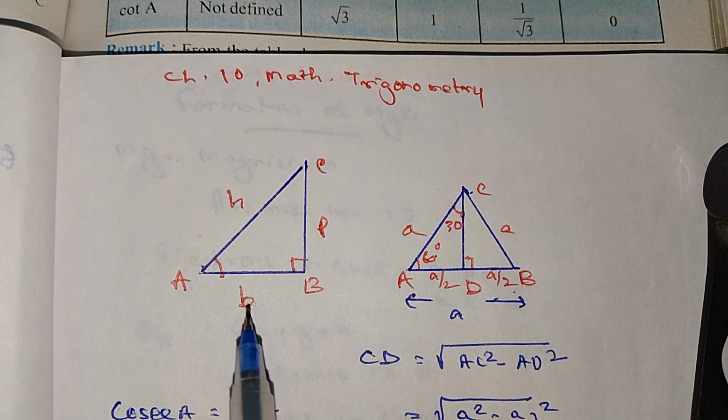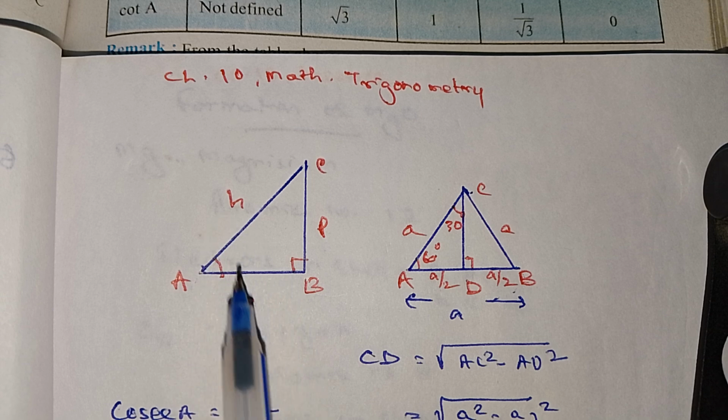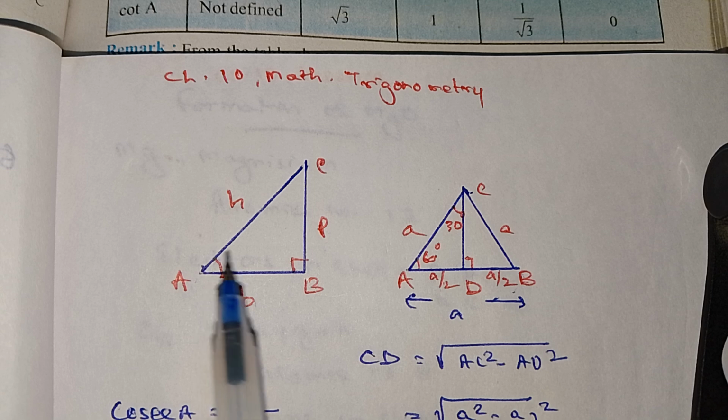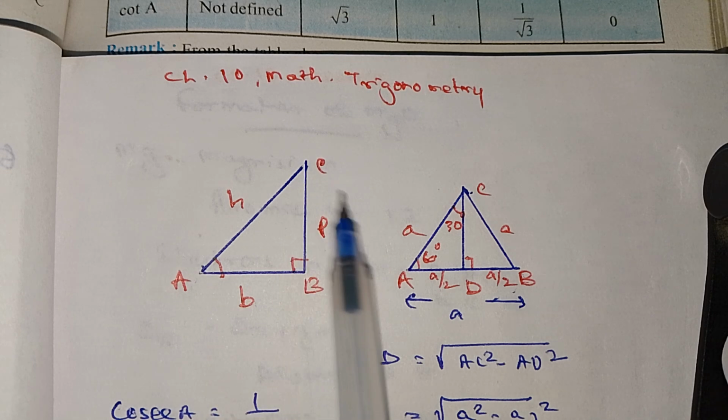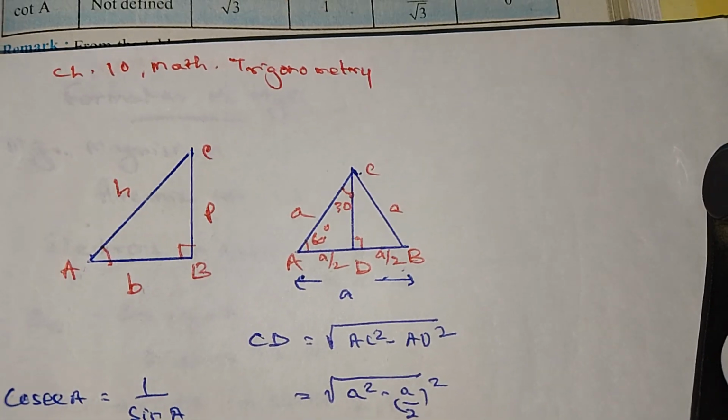And similarly for cos 45 also, B by H is equal to B by root 2 B, which means 1 by root 2. So we'll get the 0 degree, 90 degree and 45 degree values of sin and cos by this triangle.